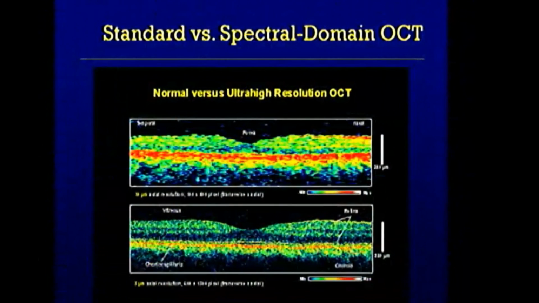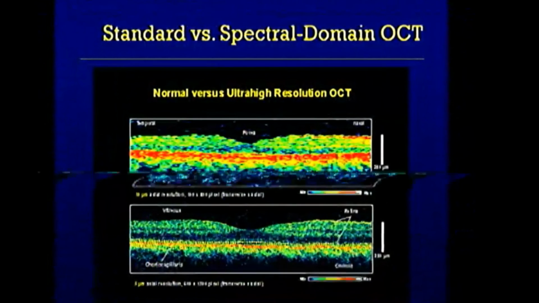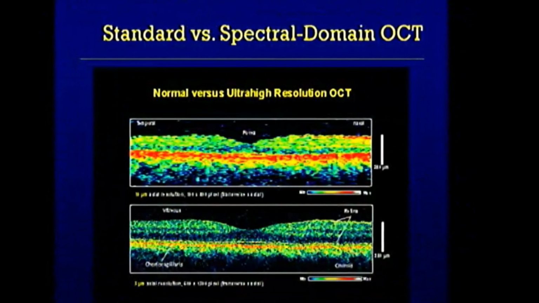The advent of Fourier domain OCT has revolutionized our ability to delineate the layers of the retina compared to the Stratus OCT3, and now we're able to distinguish individual layers, including the plexiform layer.